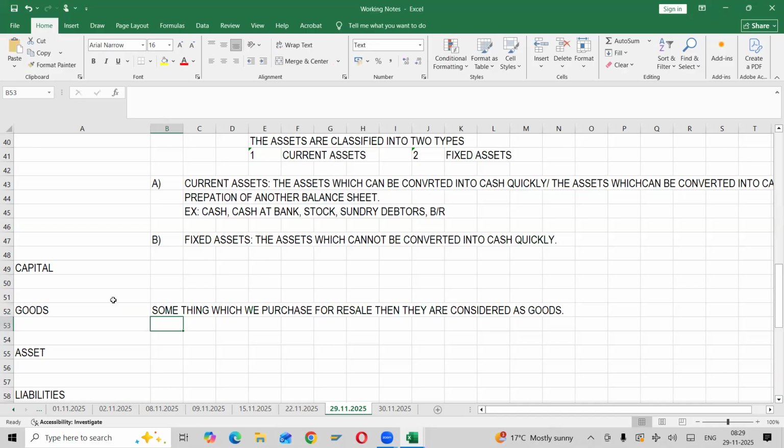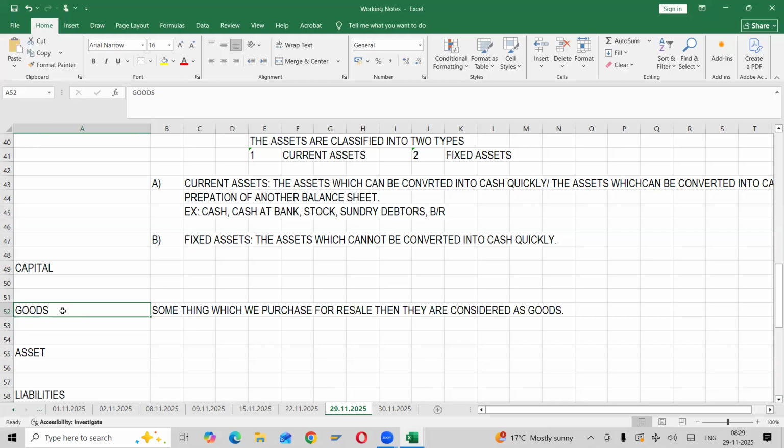My business is, I'm a furniture dealer. I'll purchase furniture and I'll resell it. Clear? So, am I purchasing to use or am I purchasing for resale?